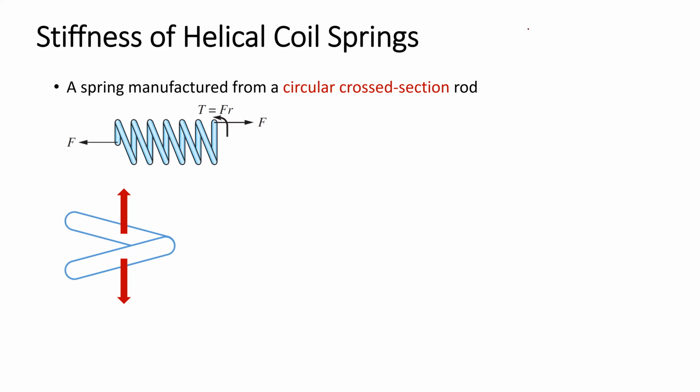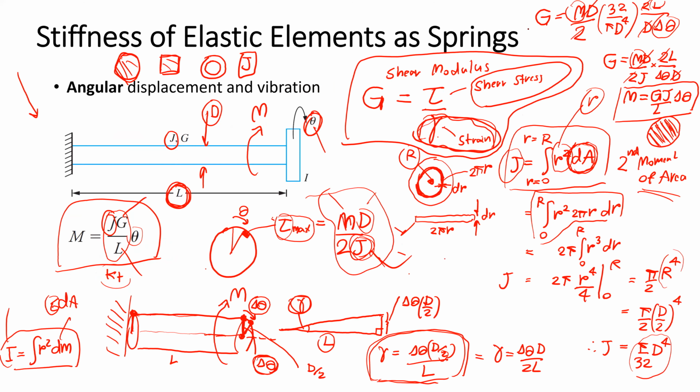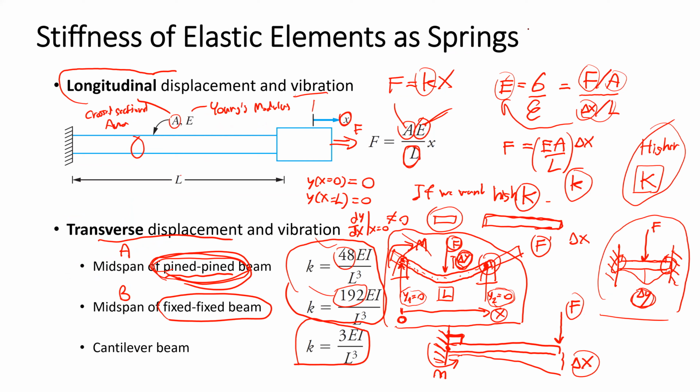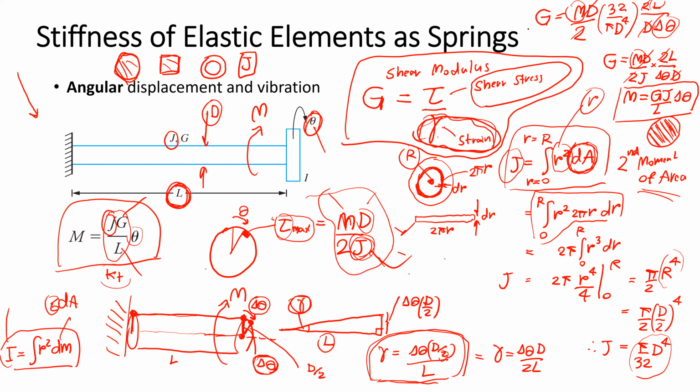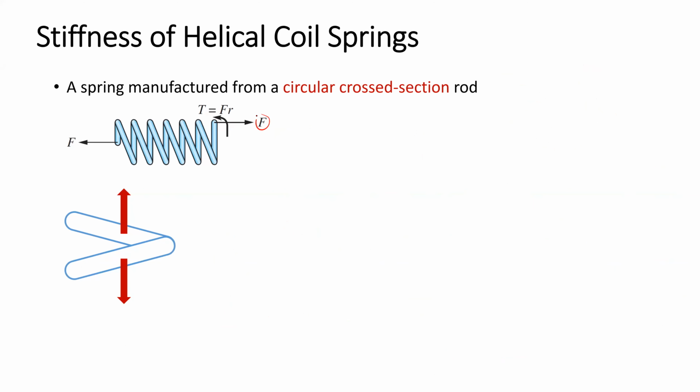So before this, we talked about the shear stress and the shear modulus. But if we have a coil spring and we apply a force, how can we derive F equal to Kx for the coil spring?